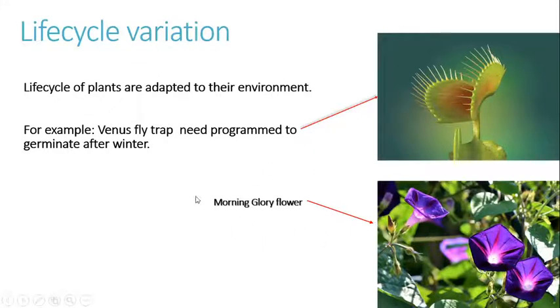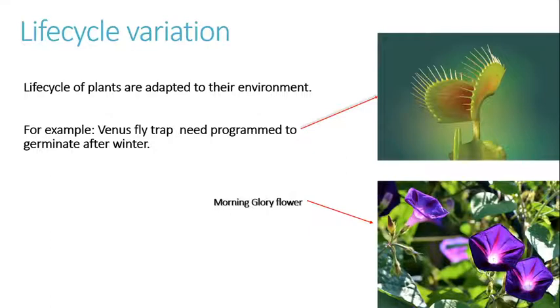Another example is morning glory flowers. This species of flowery plants takes advantage of the warm weather and grows very fast, producing flowers and seeds, and then dies before the cold temperatures arrive again. Also, other plants live through the winter but do not produce flowers or seeds until the spring.